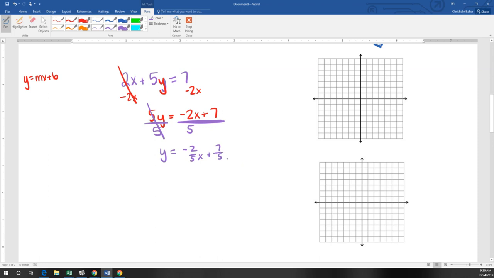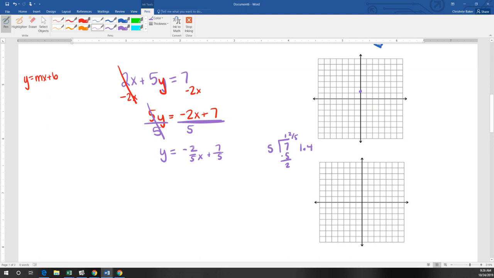Now 7 over 5 is going to need converted to a decimal or a mixed number so we know where to graph that. 1 2/5, that's 1.4. So that's my y-intercept, and that's where I'm going to start. 1.4, it's around there.